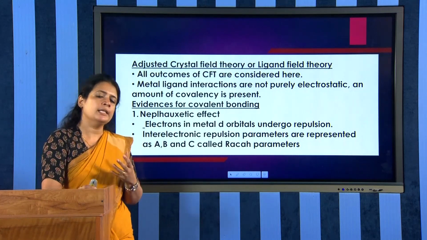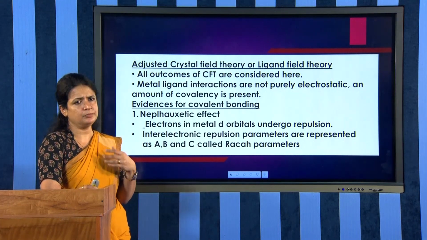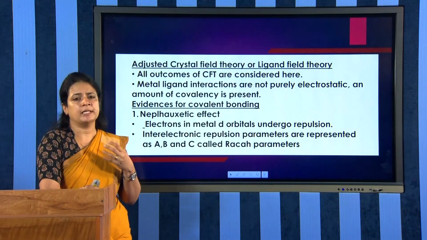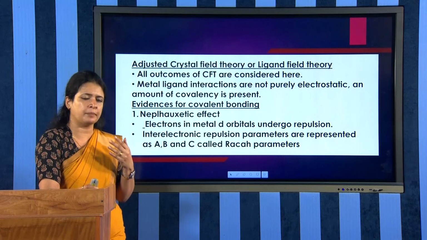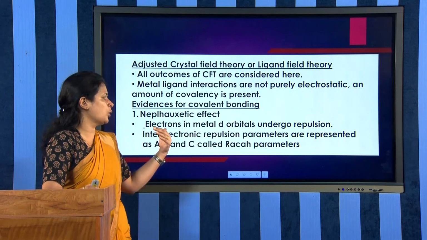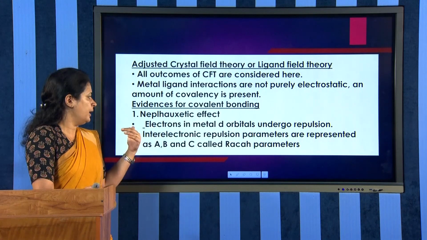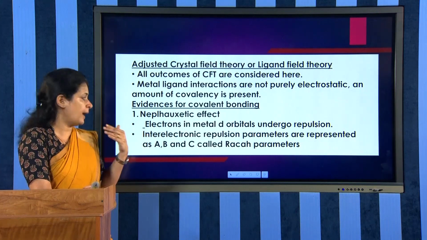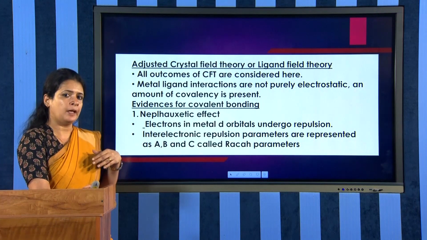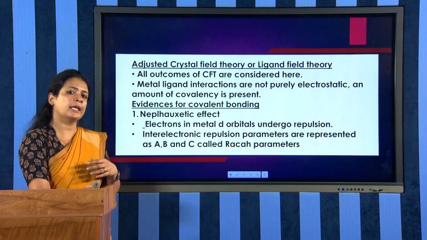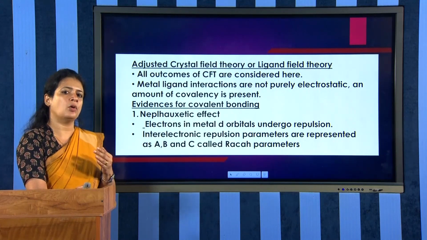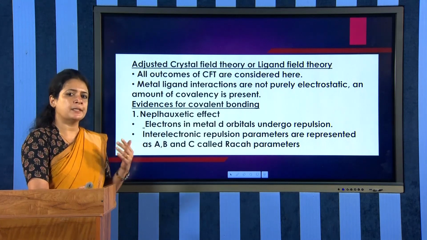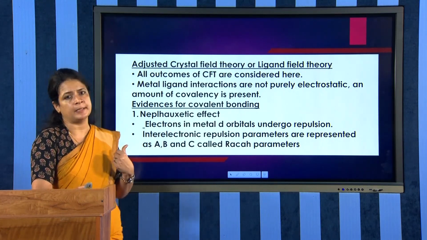In the metal, if there is a repulsion, there will be a parameter showing the interelectronic repulsion. It is called the interelectronic repulsion parameter, or the Racah parameter, represented as capital A, B and C.